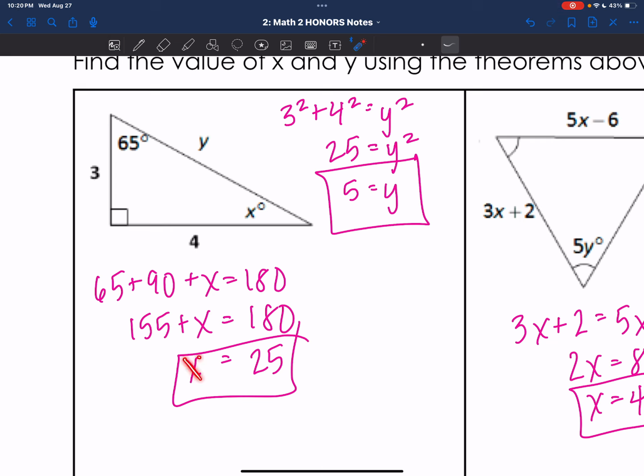And when I solve that, I'm going to get x equals 25 degrees. All right, but to find y, if you notice, this is a right triangle. So we can use the Pythagorean theorem, which is a squared plus b squared equals c squared. And remember, c is always across from your right angle. So you would put that in, and then you would get 5 equals y.